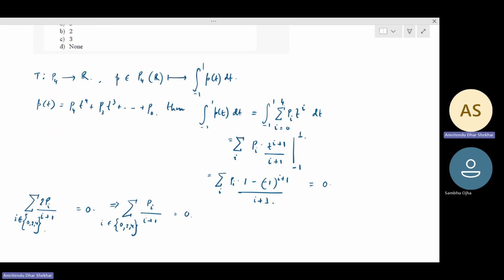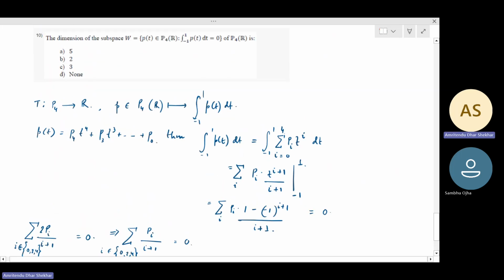What you will get is that the rank of this linear map is equal to 1. Because the rank of this linear map is equal to 1, the nullity will come out to be equal to 4. But here, none of the options is there, so none of the above is the correct answer. But you will get that the dimension of this W will come out to be equal to 4. I hope this was clear.